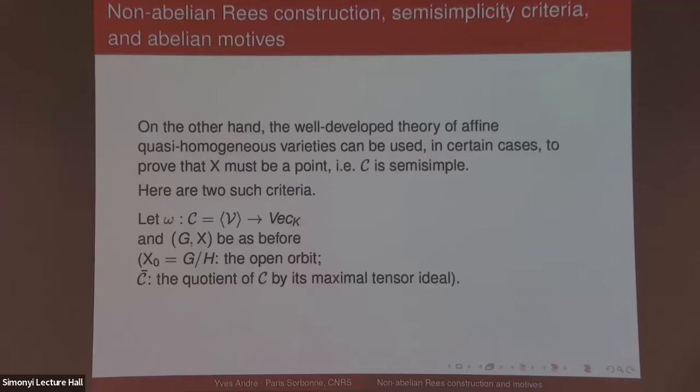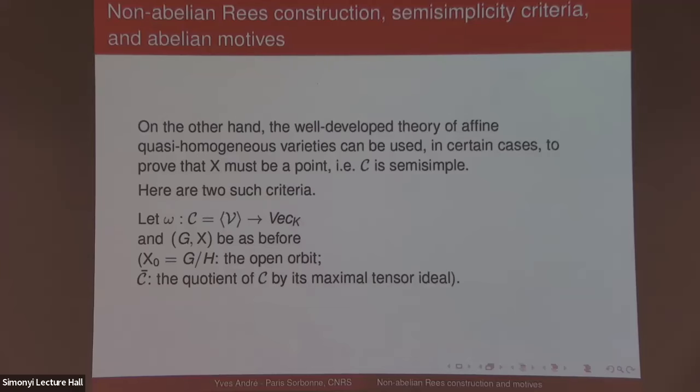and two applications. So the setting is exactly the same as before. I have an even pseudo-abelian category over K, such that all objects are direct summands of some tensor construction on one specific object.